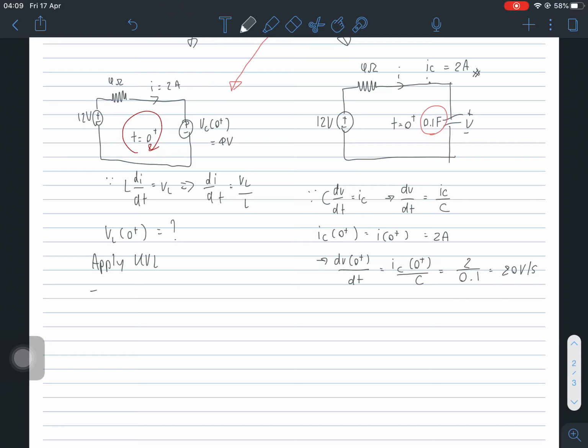So then we have minus 12 plus 4 multiplied by i(0+), plus vL(0+), plus vC(0+).